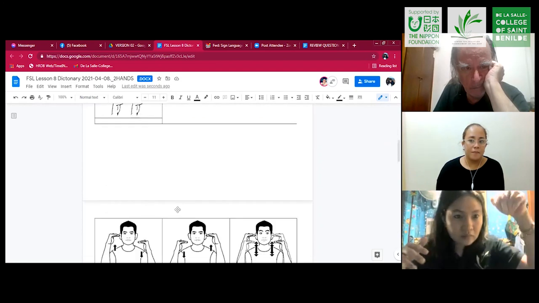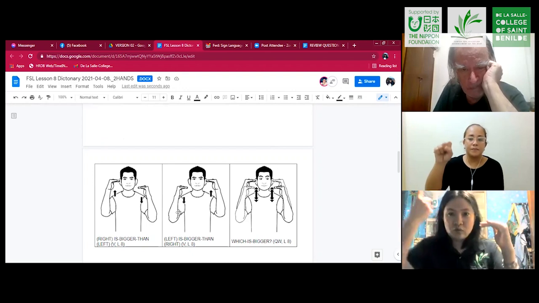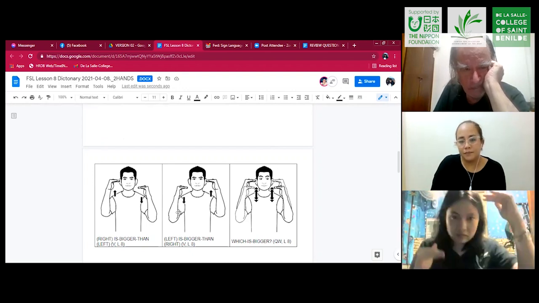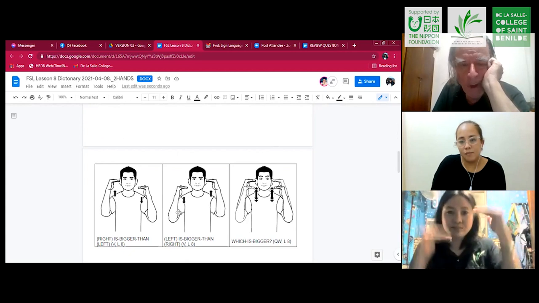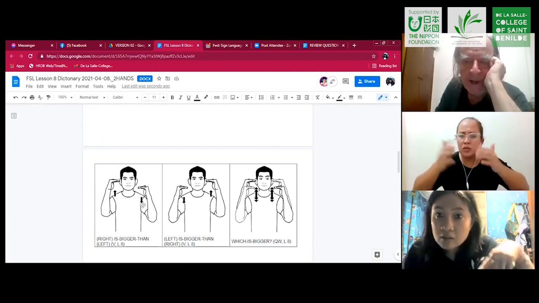It's a two-finger spread. Yeah. And then this is how we ordered right bigger than left, which is bigger. We did, for which is bigger, which hand starts higher?